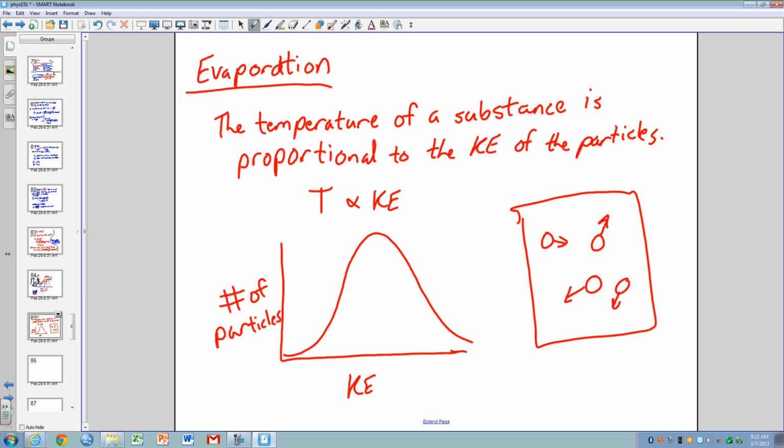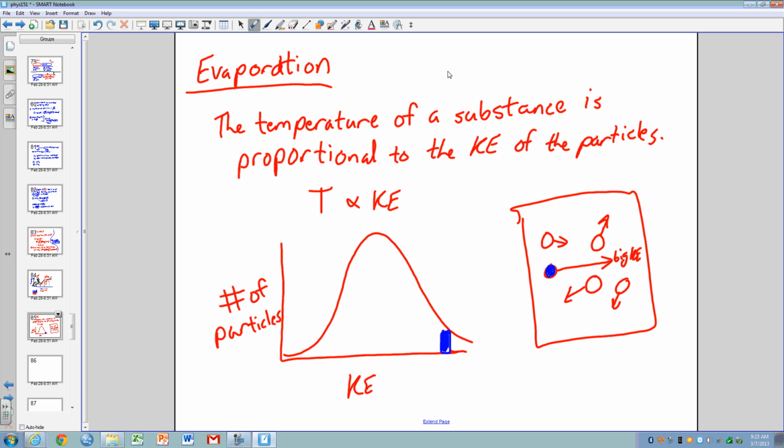And some of these are going to have more kinetic energy than others, right? So I might have a particle that's moving with a really big velocity, and so it's going to have a very big kinetic energy. This particle right here would fall right here on this graph as having a very large kinetic energy.